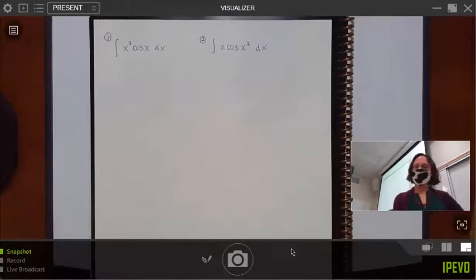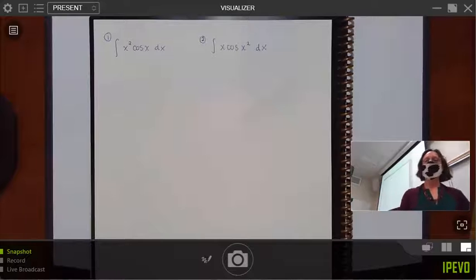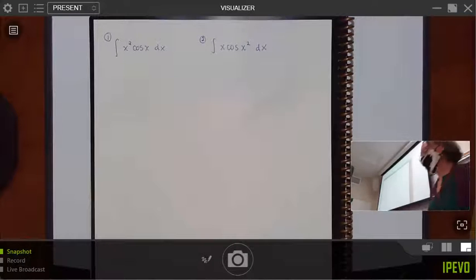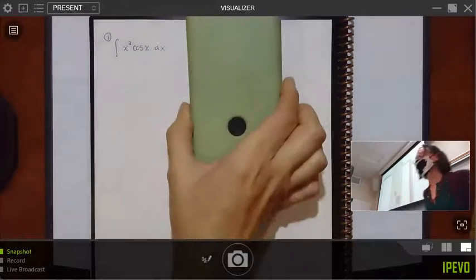Okay, so don't start integrating yet. But for problem one, use substitution or integration by parts? I'm only looking at problem one at the moment, so I'll cover up problem two.